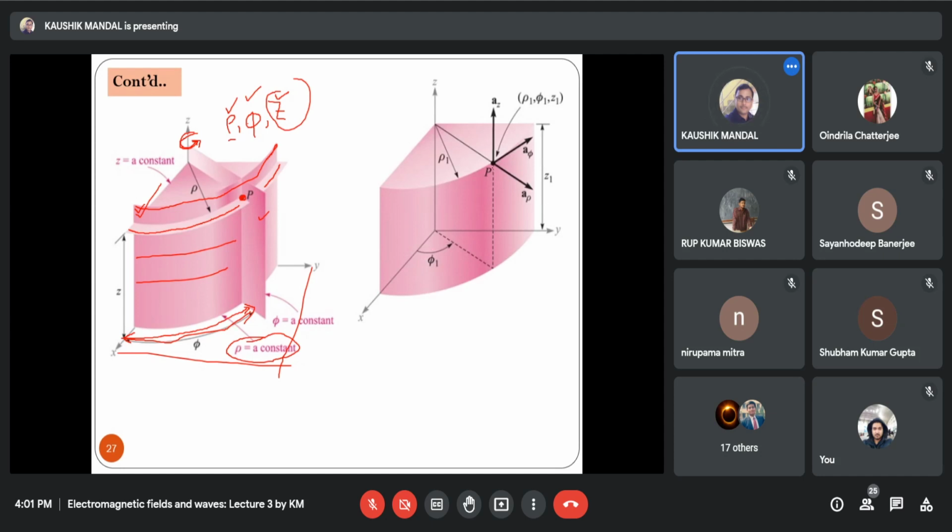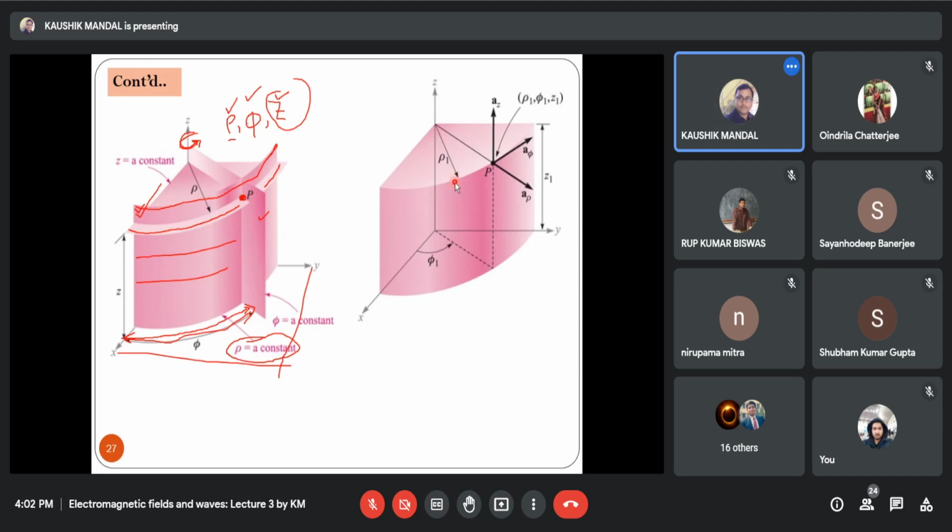So the same kind of illustration, just to show the unit vector, three different unit vectors. You see, we have considered one cylinder. Center line is along the Z axis. The radius of the cylinder is rho 1.